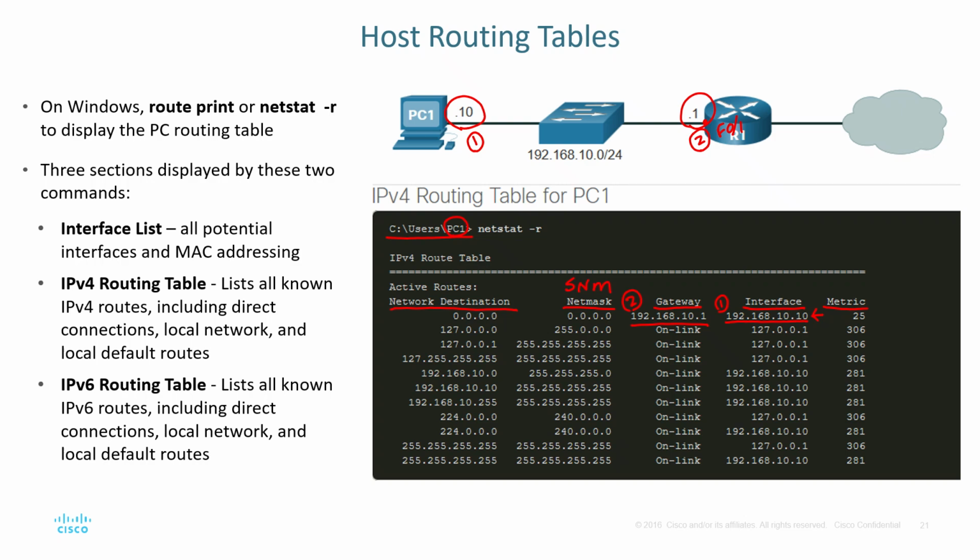So I can identify those, the 2, 3, and 4, as loopback addresses. This very first one we're going to find out is a default route.